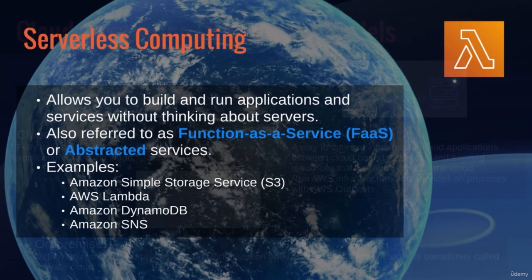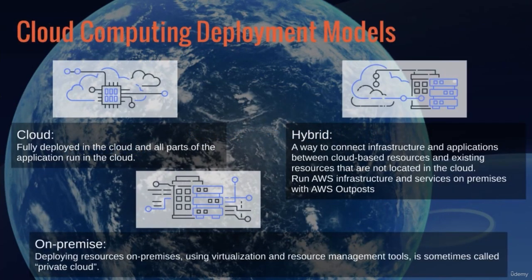There are also different models for deploying cloud computing. In a completely cloud deployment, we could fully deploy our application in the cloud, and all parts of the application will run in the cloud.